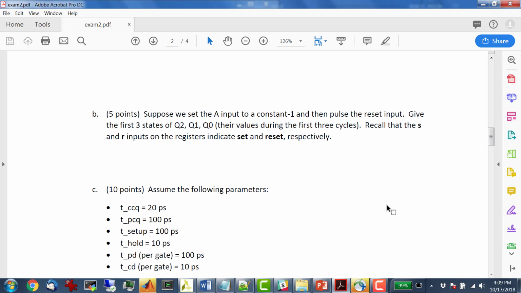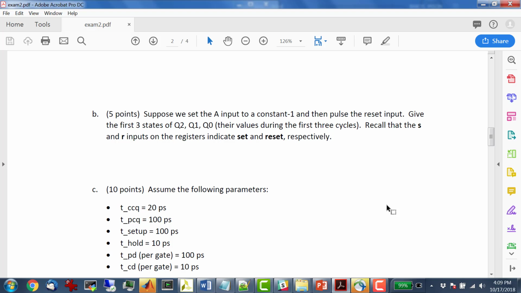Okay. Now, this would be for the next state for the Q0. This is the worst case, right? So our skew must be less than 100 picoseconds for the setup time analysis, right? Now we have to do the hold time analysis.